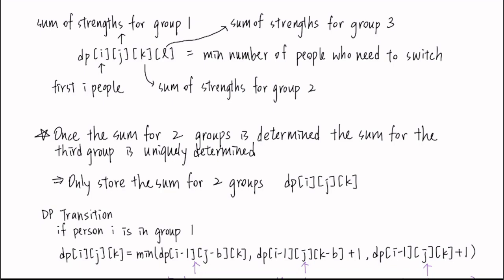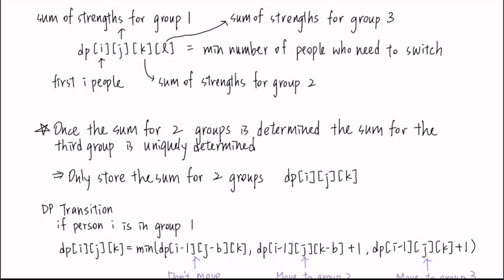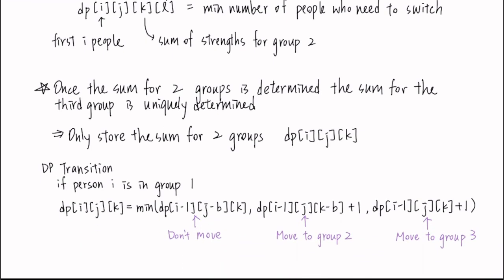So we can only store the sum for 2 groups, because if we already store the sum for 2 groups, then the sum for the third group will be fixed. So the DP would just be DP ijk, where i is the first i people processed, and j is the sum for group 1, and k is the sum for group 2.